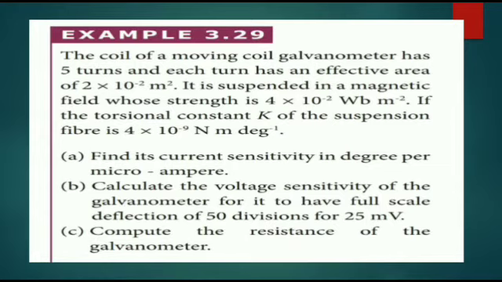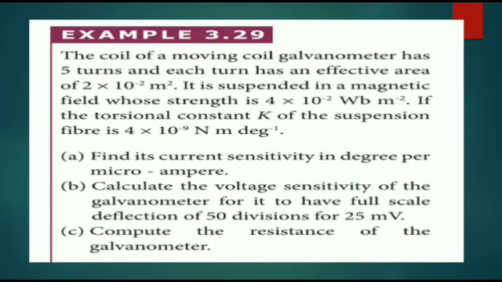Followed by the moving coil galvanometer, example problem 3.29. Just follow the question. The coil of a moving coil galvanometer has 5 turns, so N is 5. Each turn has an effective area of 2 into 10 power minus 2 meter square, so A is 2 into 10 power minus 2.